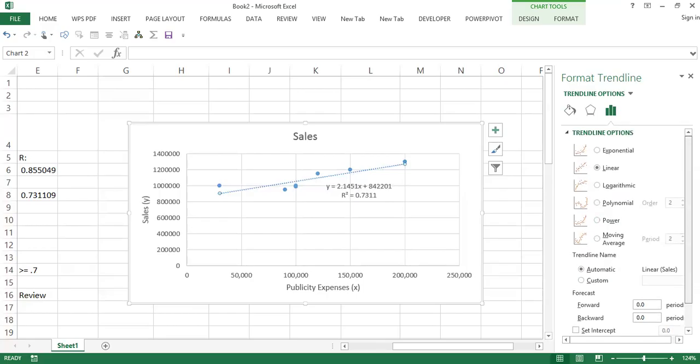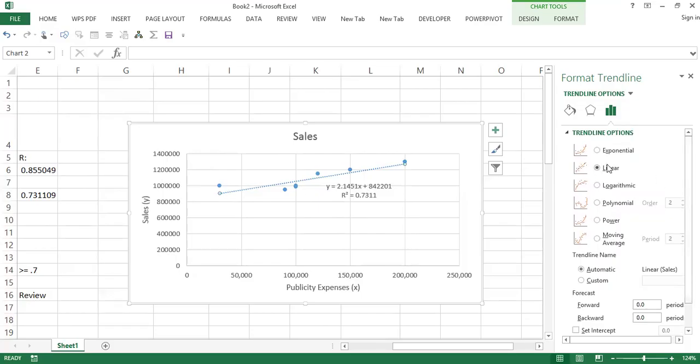The moving average can also have its own trend line as well. We are going to do moving average as one of the methods of forecasting.